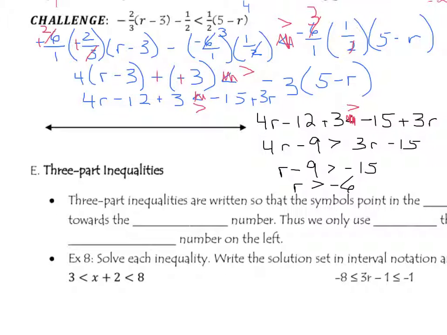So we come here, call this negative 6, since r is greater than negative 6 and there's no equal component, we use a parentheses, and then our shading goes off to the right because r is greater than negative 6, so it goes off to the right to infinity, and we look to the left as we write our interval, negative 6 parentheses, and to the right we get infinity parentheses.